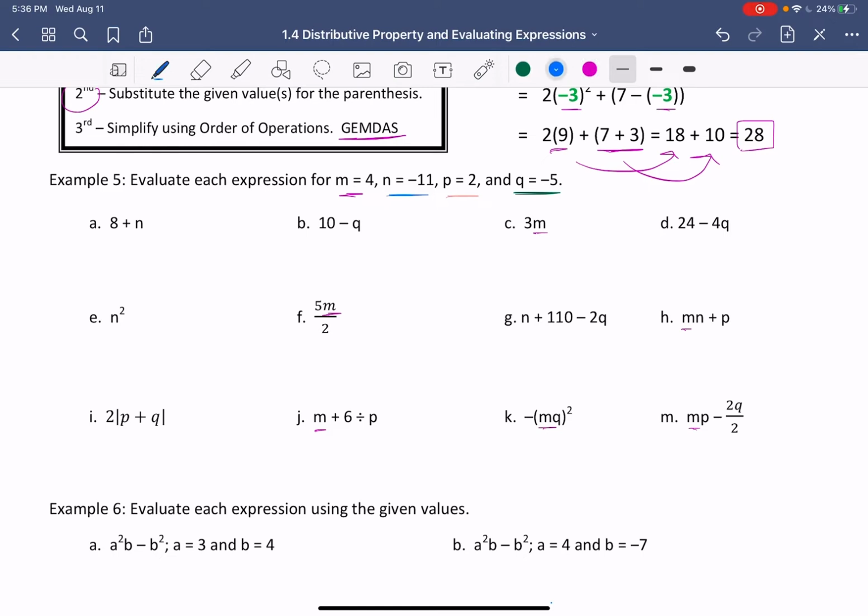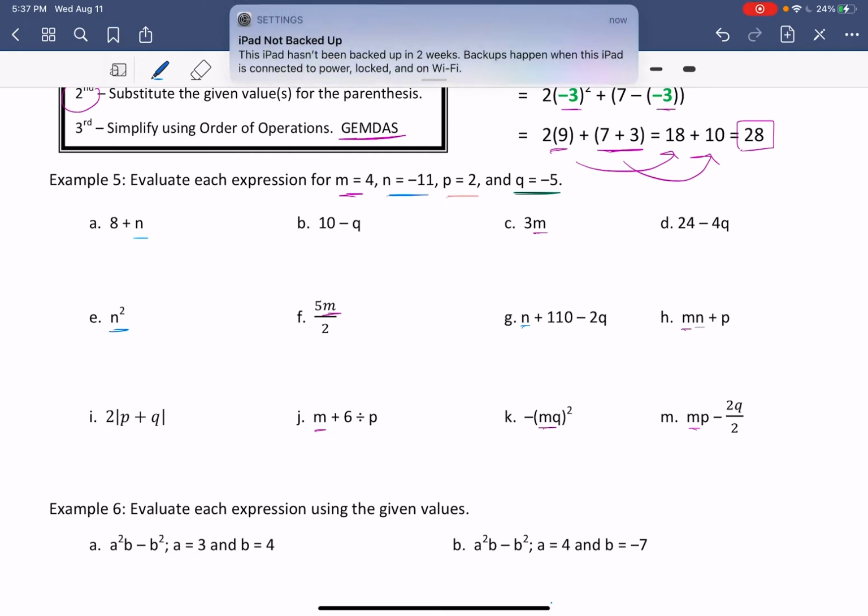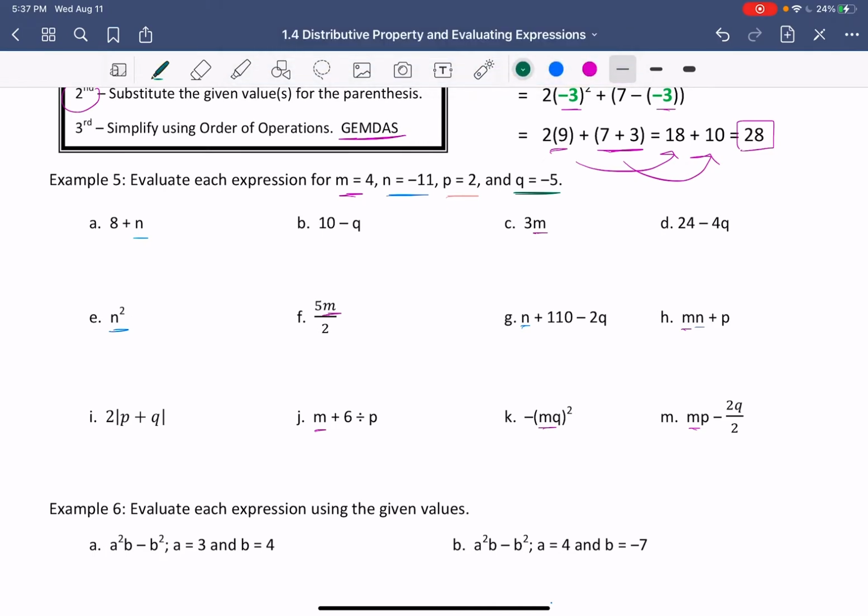And then we said n, so looking for all of my n's. This will just help you stay organized in the long run. Obviously a step you don't have to take. We gave q negative 5. Let's look for q with green.